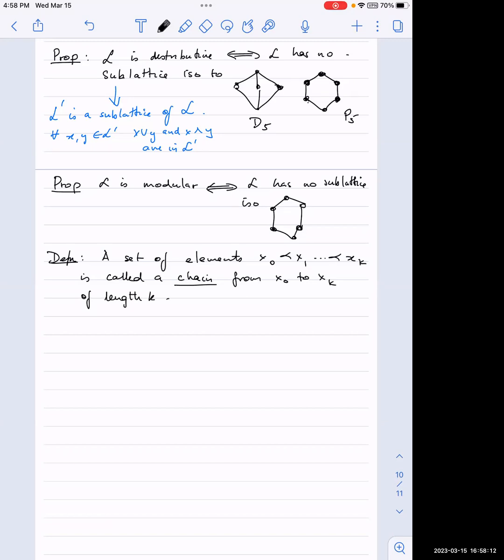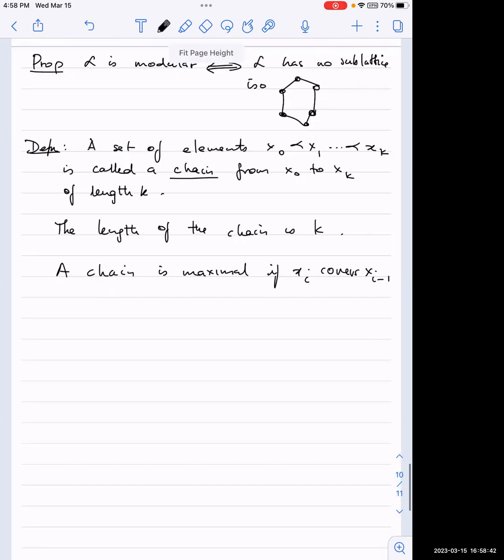All right, just one less than or equal to the other in the partial order. The length of the chain is k. And a chain is maximal if xi covers xi minus 1. Our definition of covers was earlier.